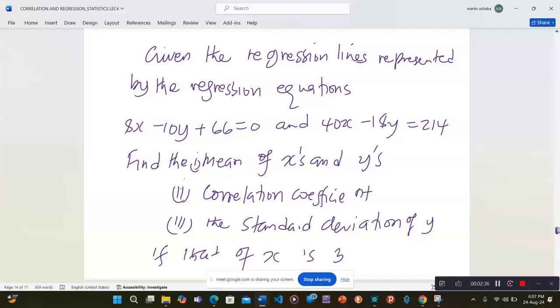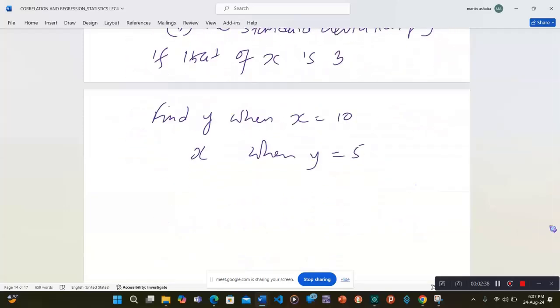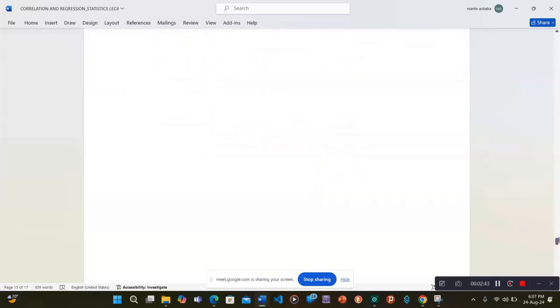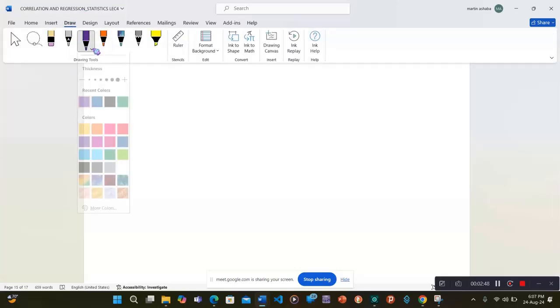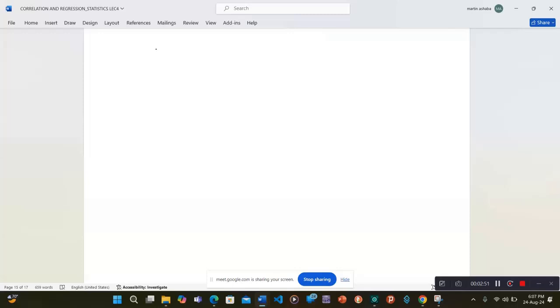So here I'm assuming that this is a Cartesian graph and these lines have been drawn. If these lines are plotted on this graph, you'll find they intersect at some point.